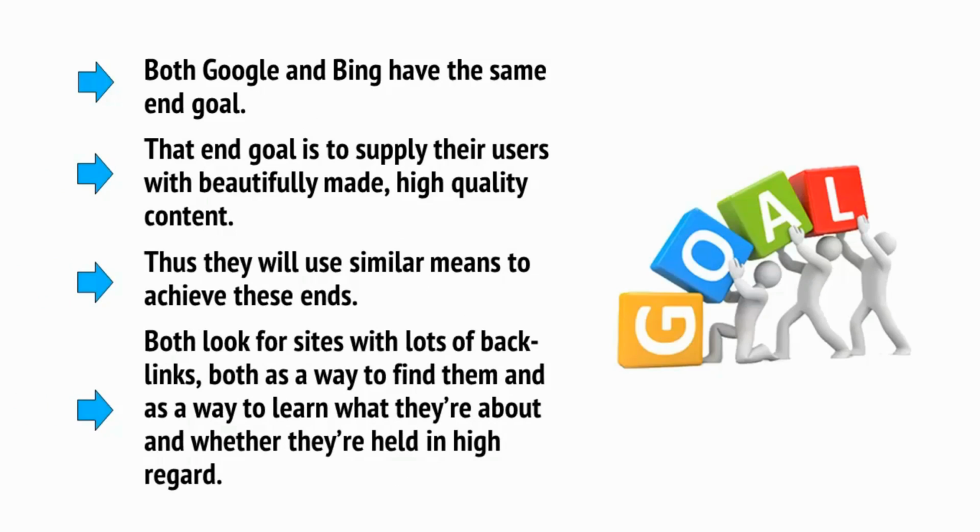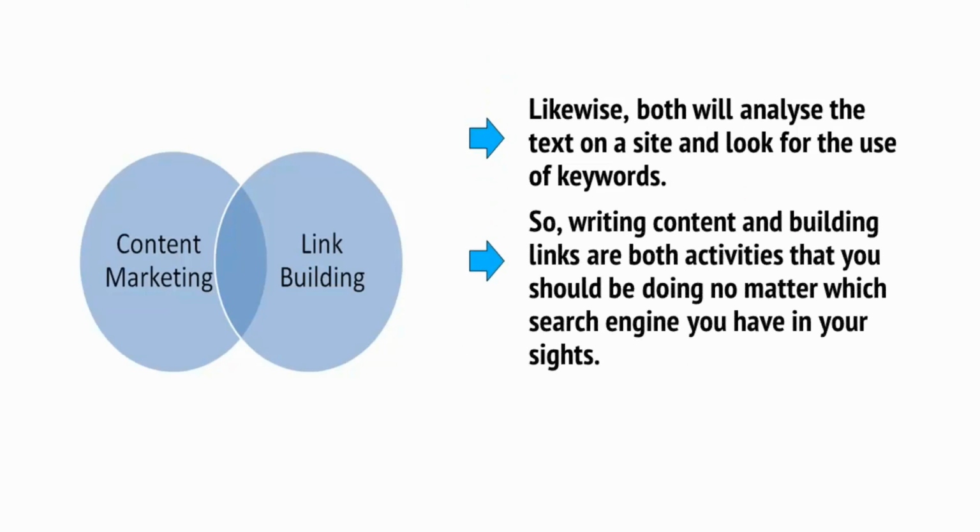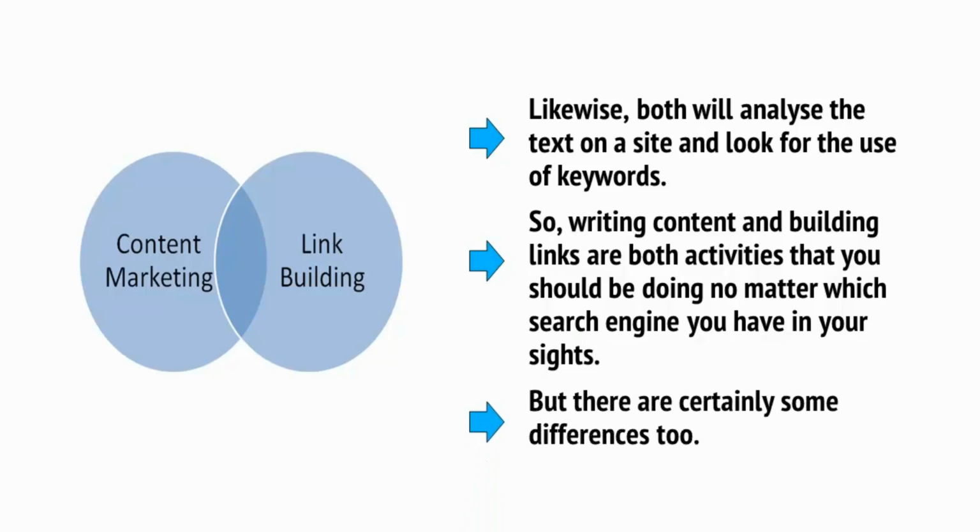Both look for sites with lots of backlinks, both as a way to find them and as a way to learn what they're about and whether they're held in high regard. Likewise, both will analyze the text on a site and look for the use of keywords. So writing content and building links are both activities that you should be doing, no matter which search engine you have in your sights. But there are certainly some differences too.